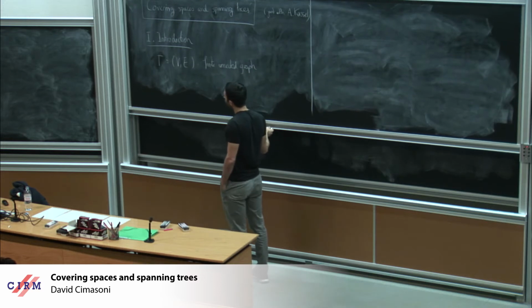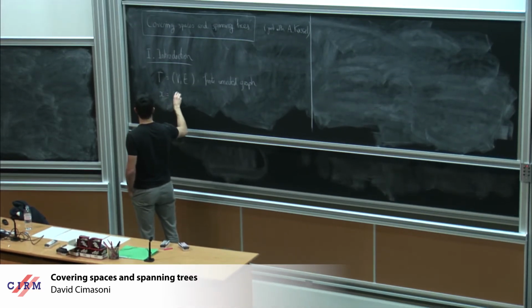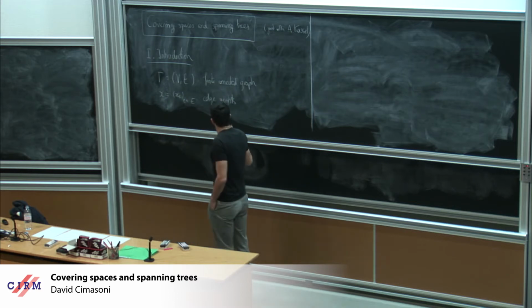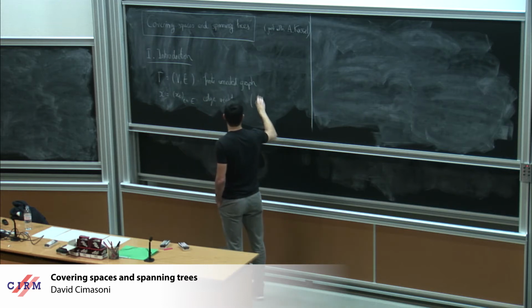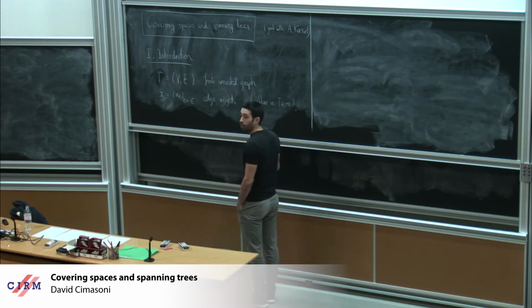And I will consider a family of edge weights. I'm not going to be extremely precise. You can think of these as non-negative real numbers, or you can just think of them as formal variables.